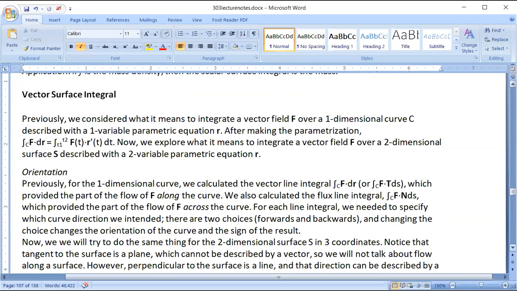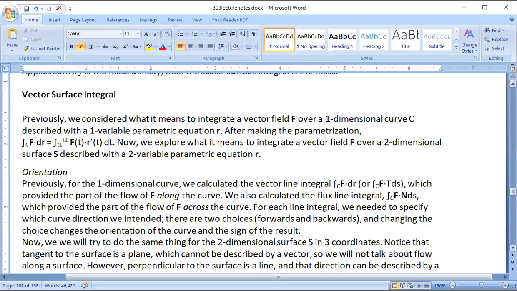Now we'll try to do the same thing with a vector field for a two-dimensional surface in three coordinates. Here's a big change. First of all, what is tangent to a surface? We know it's got a tangent plane. You cannot describe the direction of the tangent plane with a vector pointing, quote unquote, in the direction of the plane. It doesn't make sense. We know it takes two vectors.